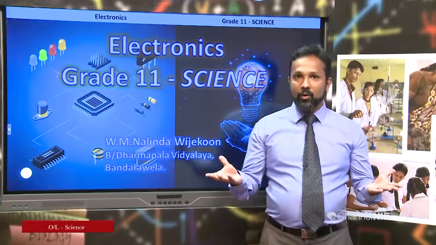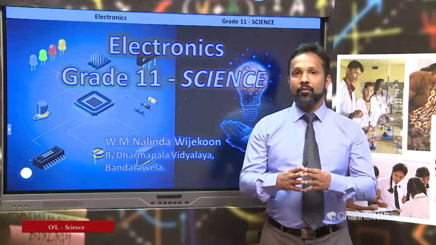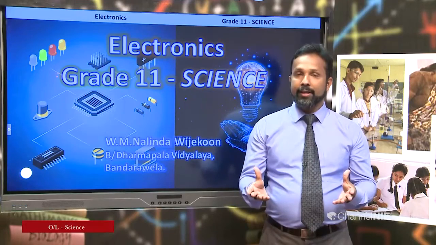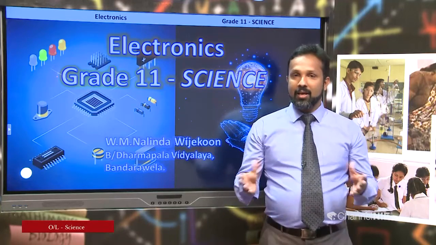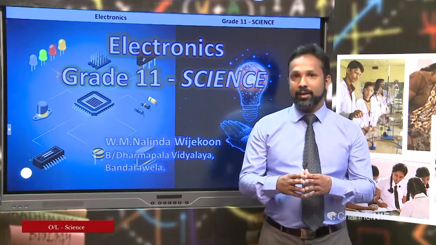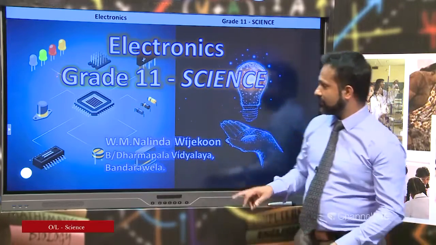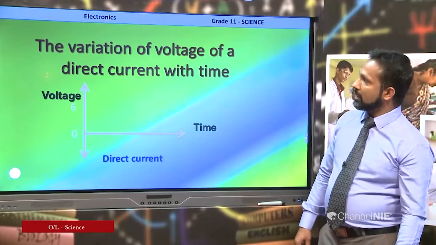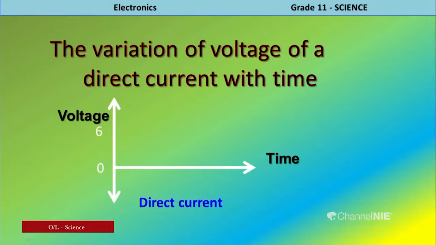We studied the variation of voltage over time, the variation of voltage of direct current over time, and also the variation of alternating current over time. You can remember. This shows you the variation of voltage of a direct current with time.